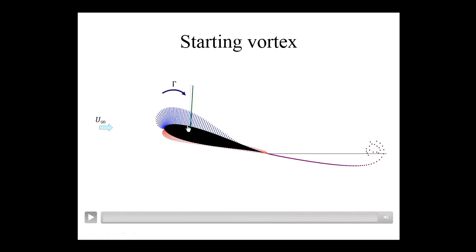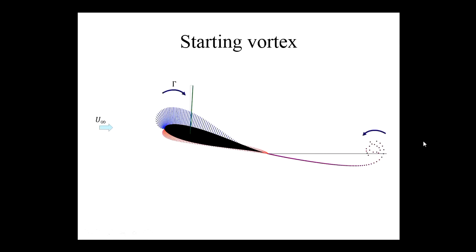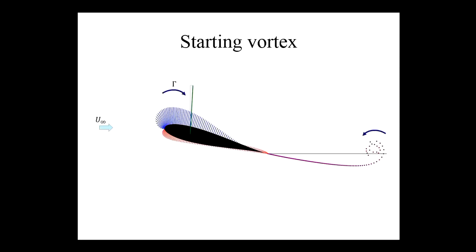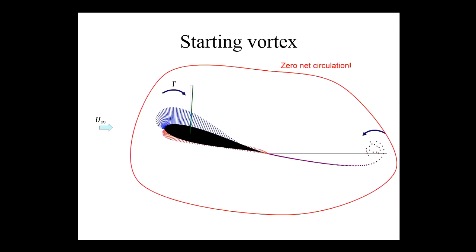So what we can see here is that this vortex behind the airfoil, this starting vortex, is rotating in the opposite direction. So in fact, we have two circulations with opposite signs, and they can cancel each other out. If we consider the volume bounded by this red line, there is zero net circulation inside this volume.